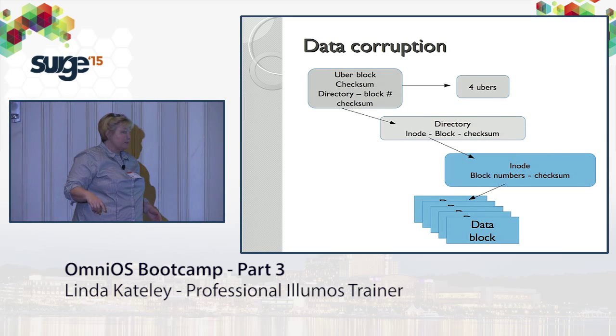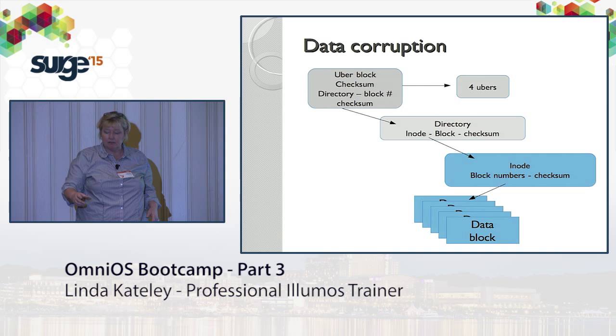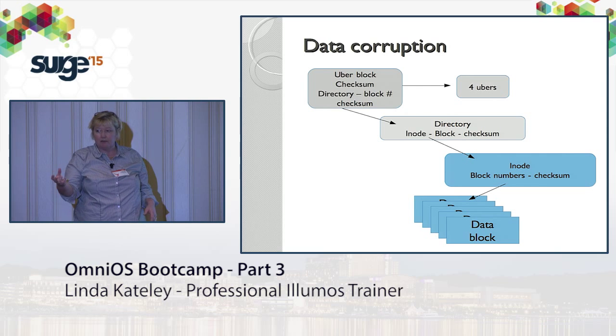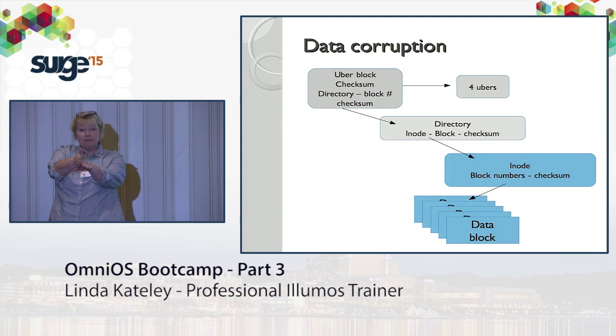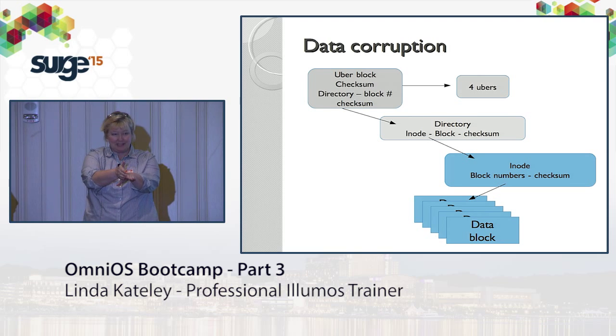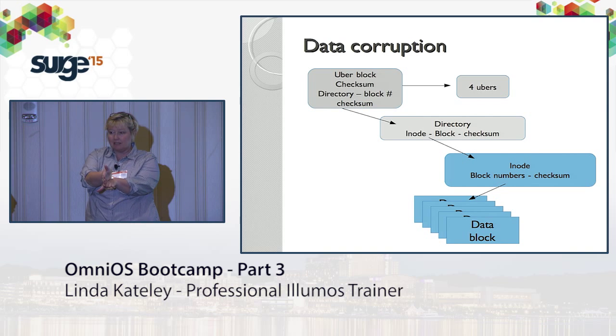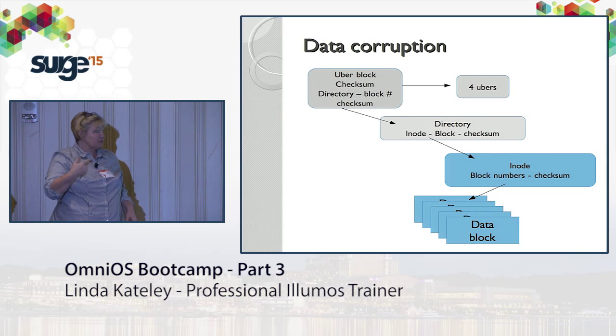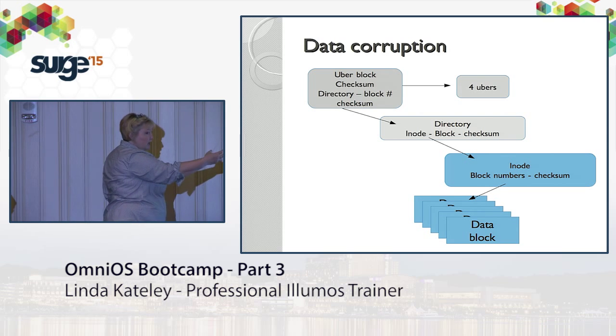One of the cool things about this too is that the SAN vendors actually have checksumming on the data block. But what they'll do is put the checksum, everybody knows you don't put the checksum in with the data that you're checksumming, right? They'll lay the checksum right on top of the physical block on disk. You can't check the checksum. What if the checksum's wrong? So in ZFS, they'll put the checksum in the higher level block.